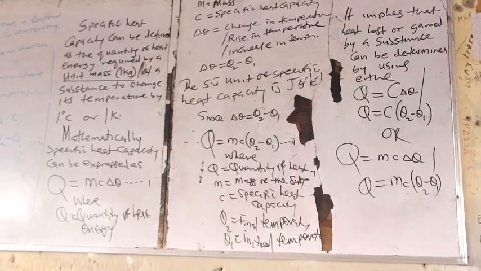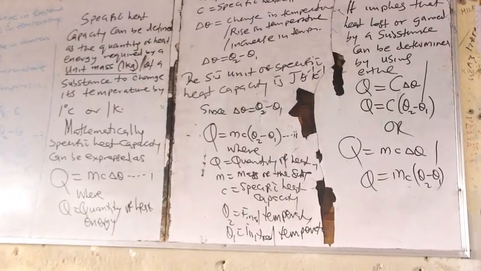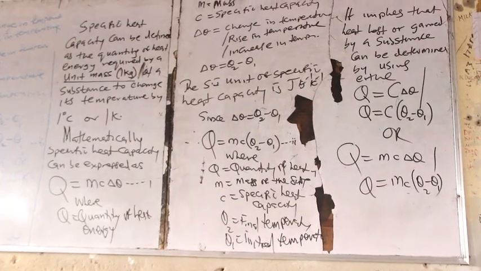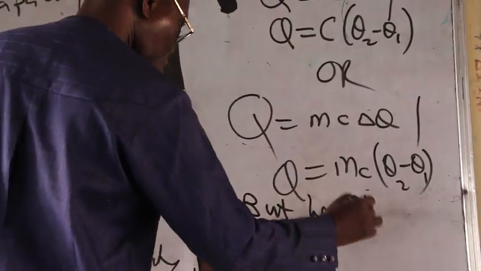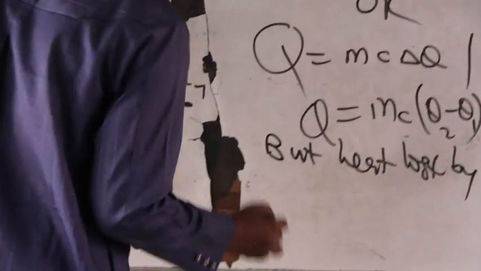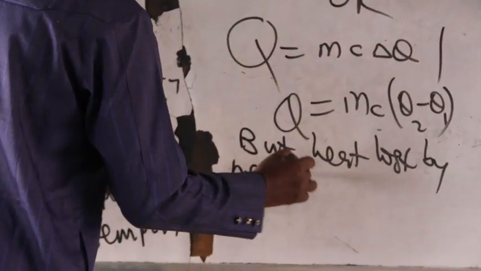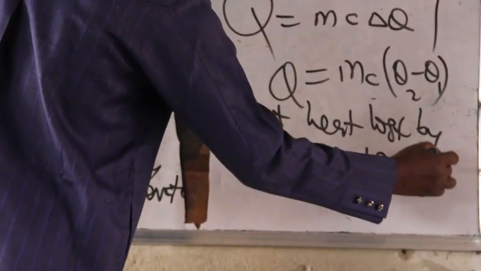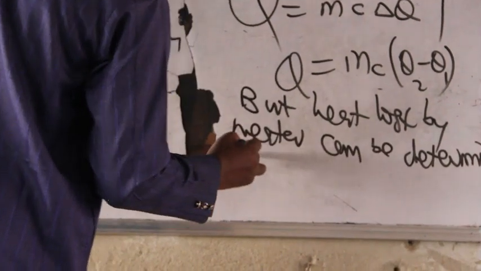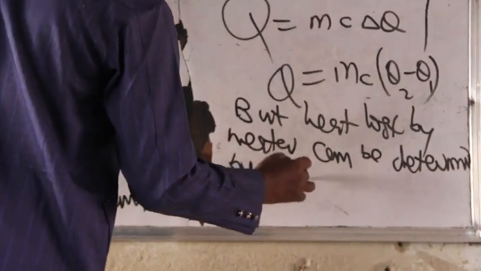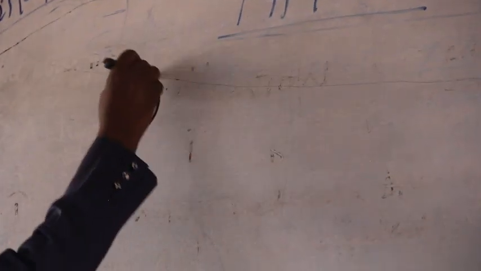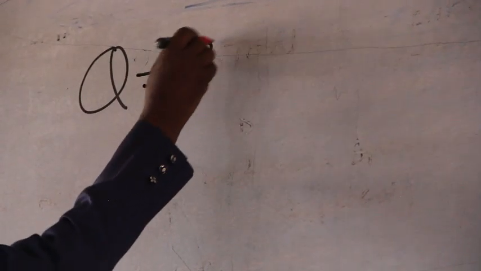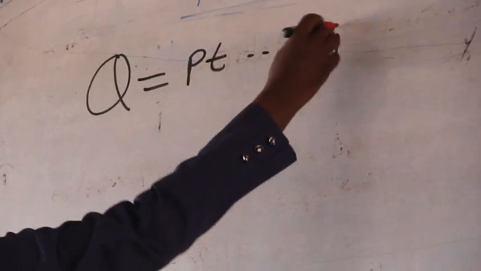But a heater has its own way. Of course, a heater will always lose heat. Heat loss by a heater can be determined by using Q equals PT, equation 1.